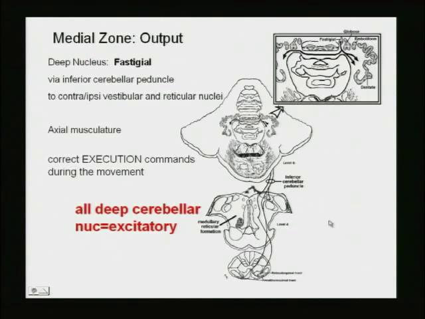But once it goes through the circuitry, it's going to go into the fastigial, and the fastigial is a little different. It doesn't send fibers ascending. It's going to go via the inferior cerebellar peduncle. It's going to go to the vestibular nuclei and the reticular formation, and then they're going to go down and make a quick correction of the muscles that are controlling proximal and axial musculature.